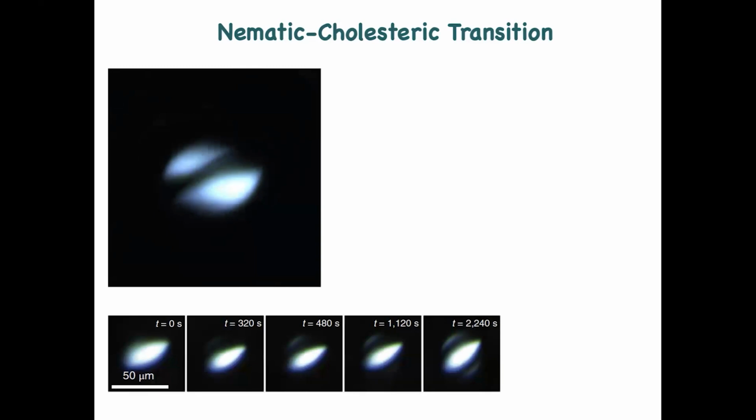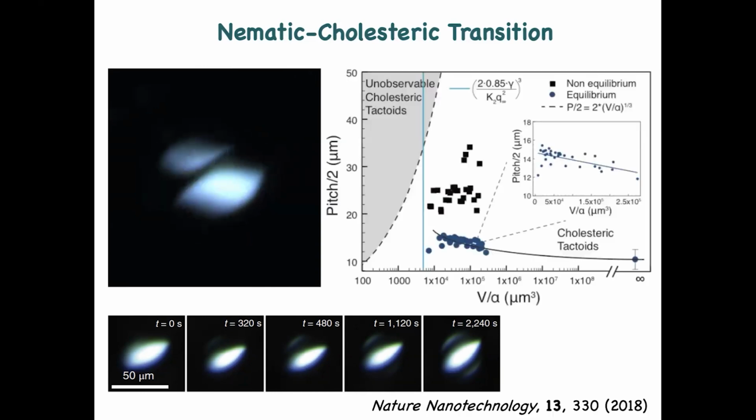Okay. This is a cholesteric droplet with 2 bands, so there is a change in symmetry. Of course, the droplet will go from bipolar, you see here, this is 3 bands, but here this is a long process. It takes more than 20 minutes, so there is exchange between the 2 phases. But this is really clear evidence. And at the end, if you plot all the cholesteric droplets, we see that these cholesteric droplets are only after this transition that we predict. Okay.